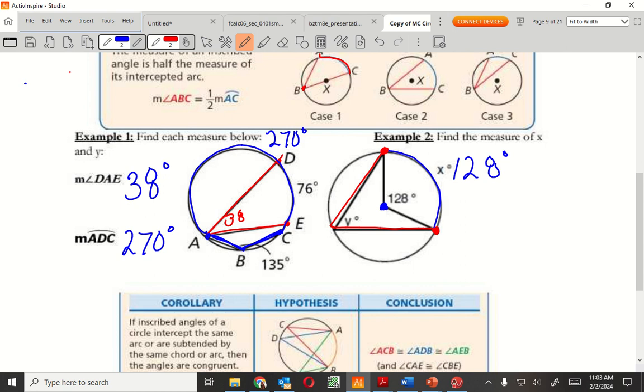It's a very good thing to write down in your notes, that the inscribed angle should be half of the outside. So if my outside is 128, the inside is 64. So y equals 64 degrees.